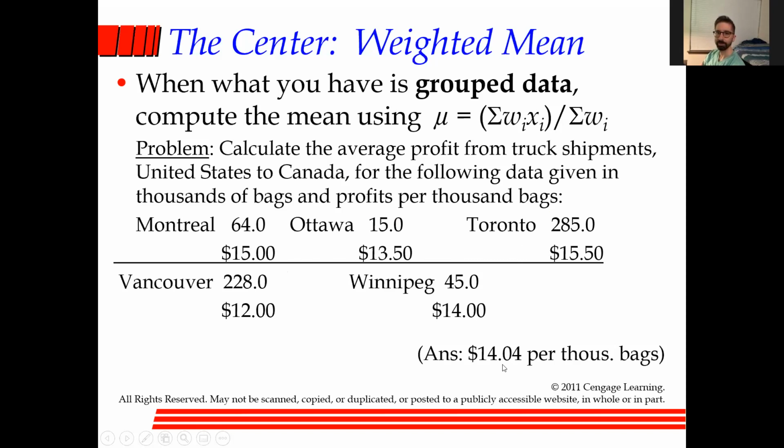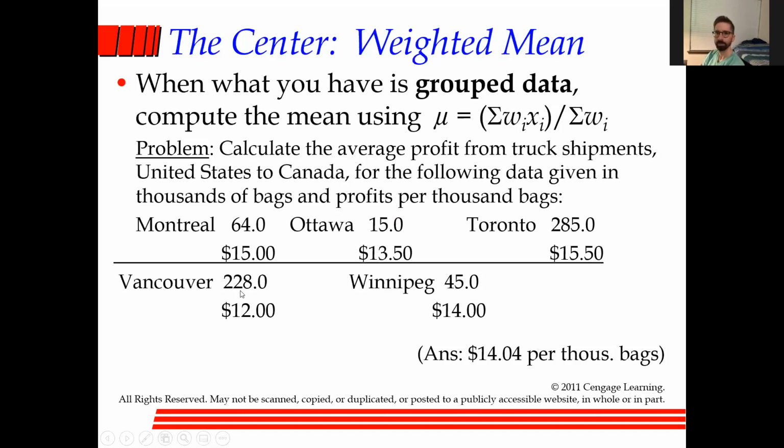So what we're basically saying in this case is that Toronto's profit is given the most weight because it has the most bags, 285. So Toronto is the biggest weight.